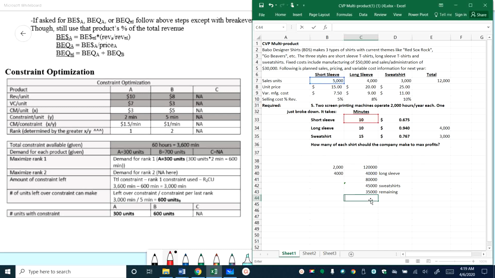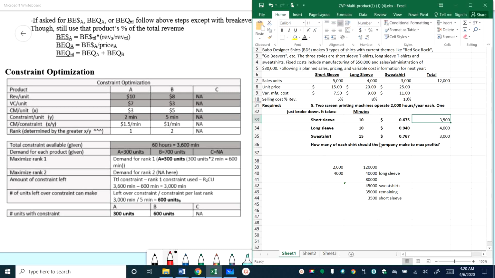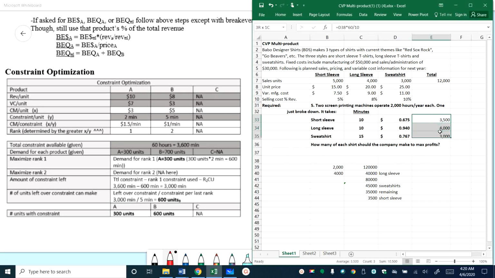So we're just going to take that 35,000 minutes and divide it by the time it takes to make short sleeves, which is 10 minutes. And therefore we know we have enough time to make 3,500 short sleeve shirts. And that is all you have to do. So these are our answers now.